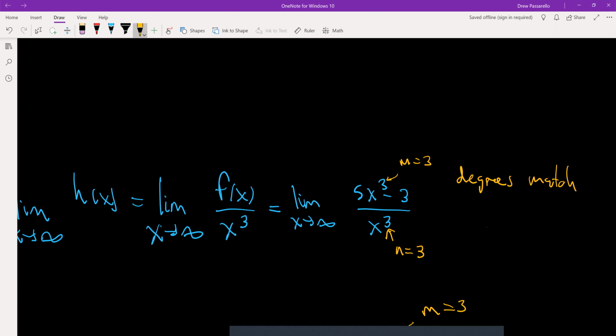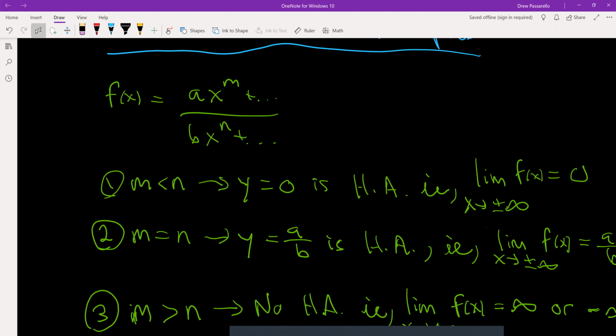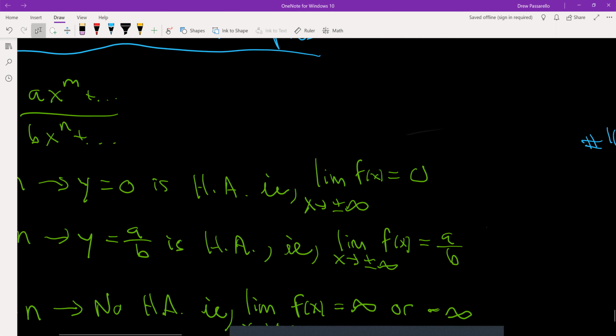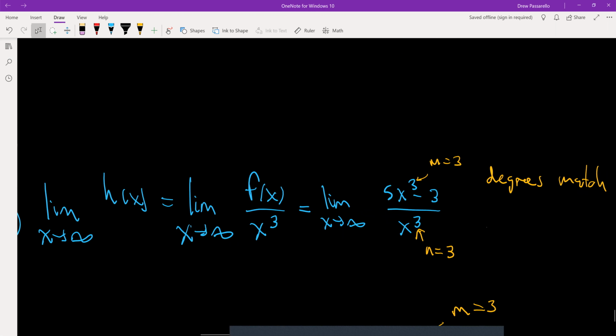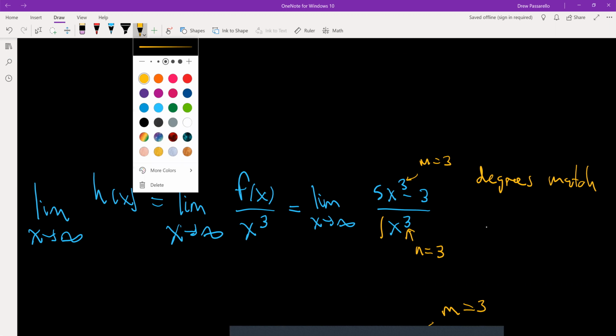And that makes us in category 2. It's just the ratio of the coefficients, like y equals a over b is a horizontal asymptote. In this case, technically it's like 1x cubed, so you do 5 over 1, which is 5.